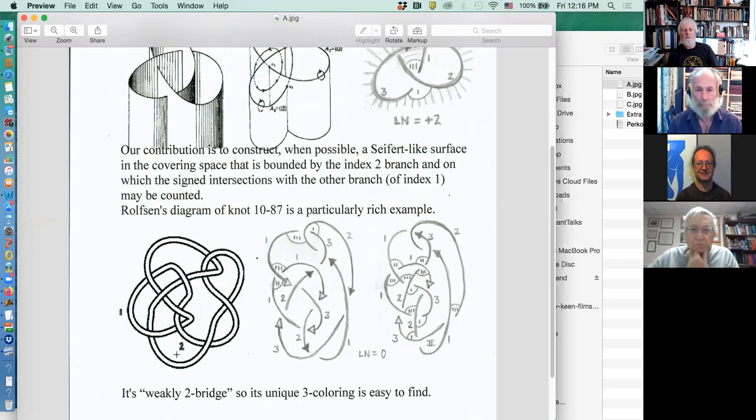I'd love to be able to see the minimal Seifert surfaces for those two knots, the Conway's knot and the Kinoshita-Terasaka knot, but I have absolutely no idea what they look like. I suspect they're not the canonical Seifert surfaces, but the nice thing is that because the Seifert disks are nested, maybe.